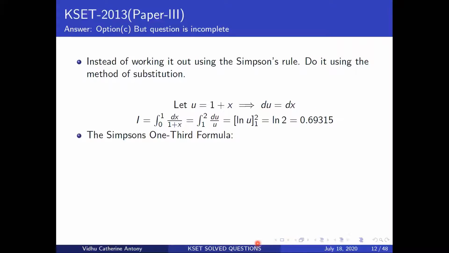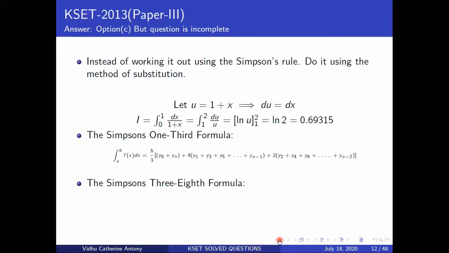Now I'll discuss the Simpson's 1/3 formula and Simpson's 3/8 formula, because they are very frequently used and are something you're supposed to know. So your integral from a to b of f of x dx. If you're looking at the 1/3 formula, you have h divided by 3. Now, what do you do here? You take your first term. What is y? y is basically your f of x.